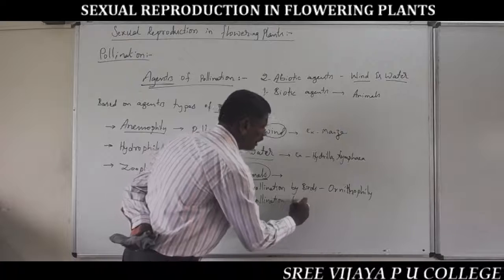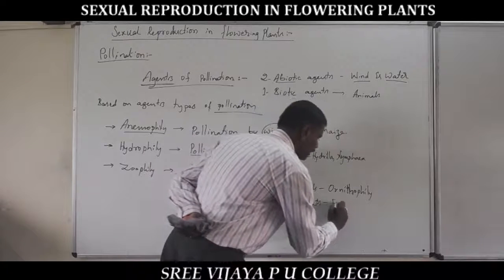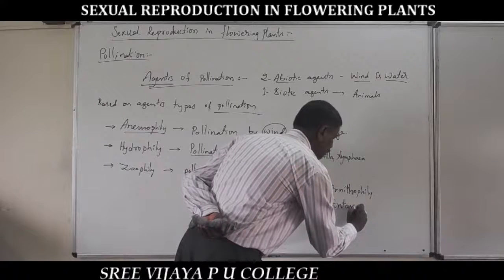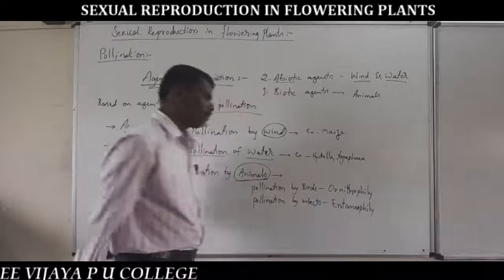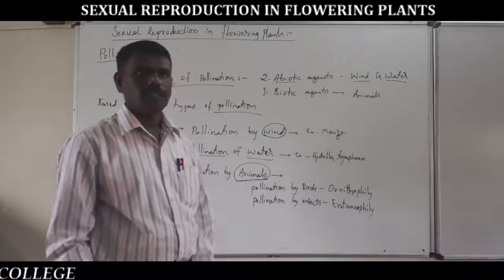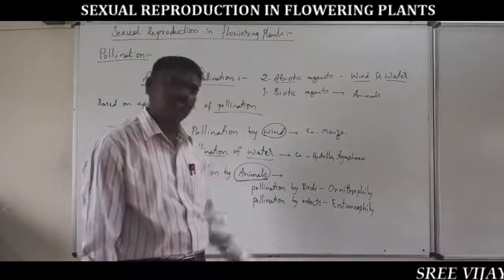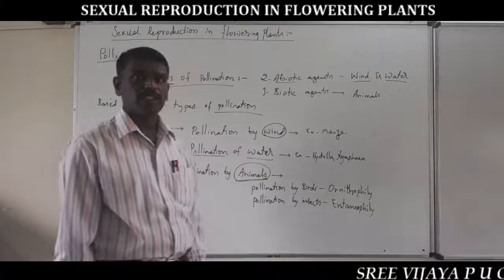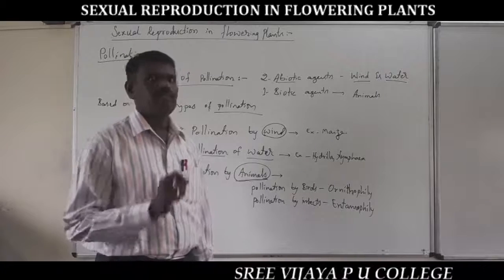Pollination by insects is entomophily. What you see is that most of the honeybees play a role among the insects, pollinating in the environment.